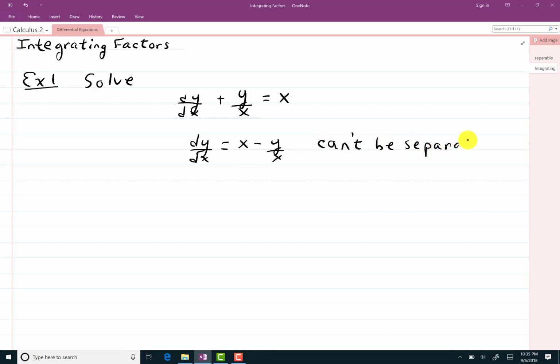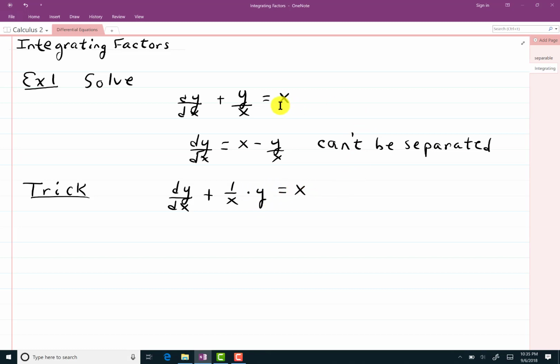So that's where we have a trick. And the trick is to use something called an integrating factor. So let me put this here, the trick. What I'm going to do is go back to the original equation, dy over dx, but I'm going to rewrite the middle part to be 1 over x times y, and the right-hand side to equal x.